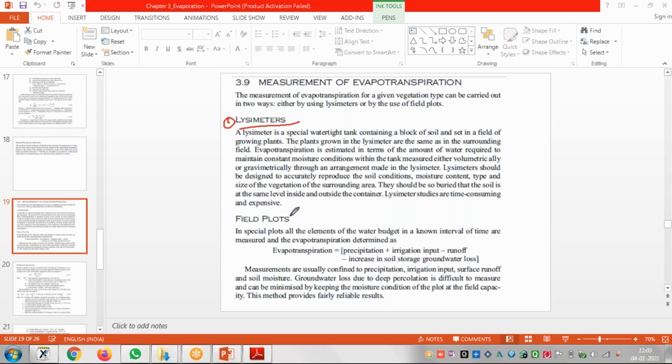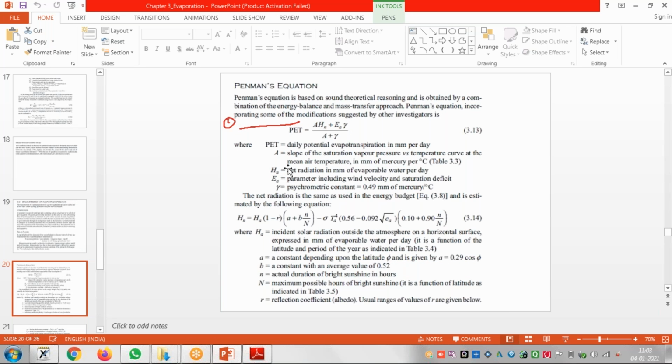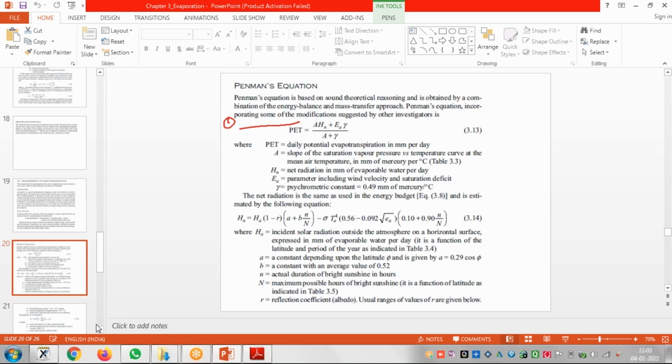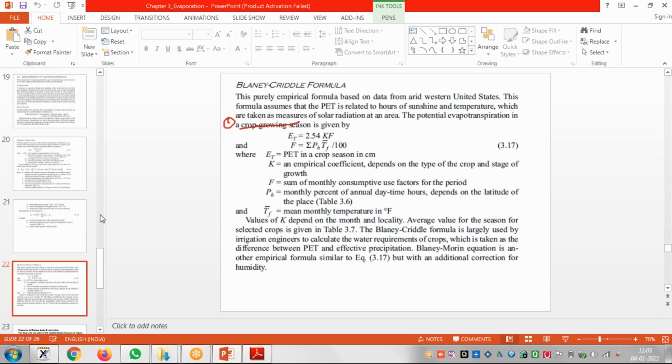Next is field plots, right? Another is Feynman's equation, also used to find this. We will see them one by one in your presentation.